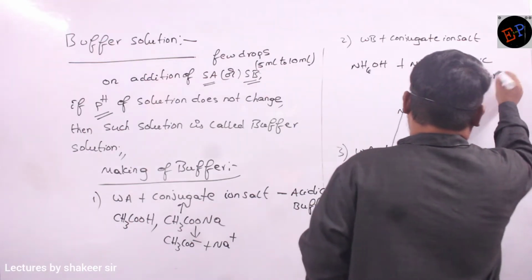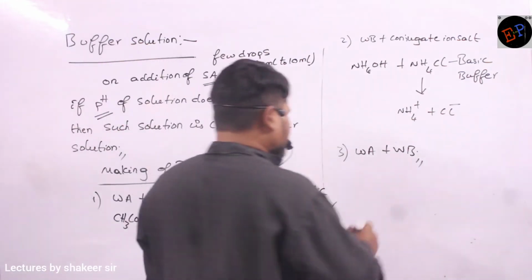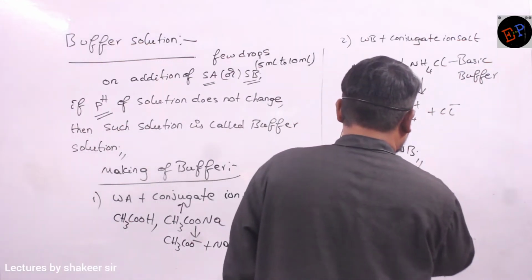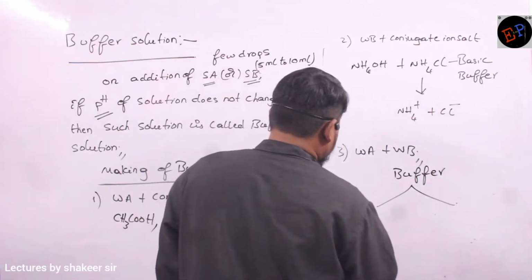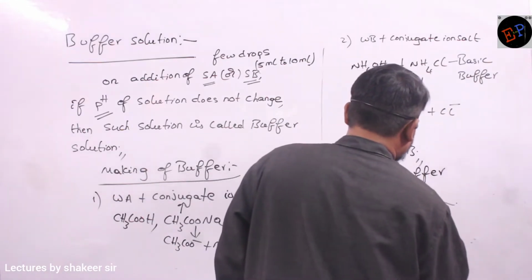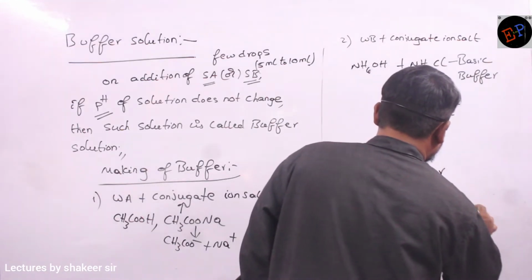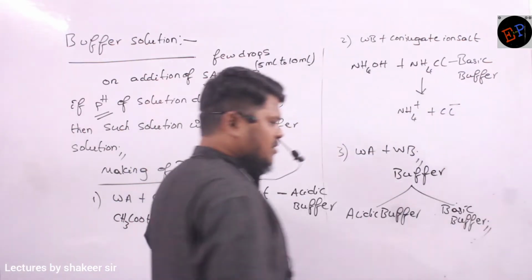So therefore, buffers are divided into how many types? Buffer is divided into two types. You can divide buffer solution into acidic buffer, and also into basic buffer. Are you able to understand?